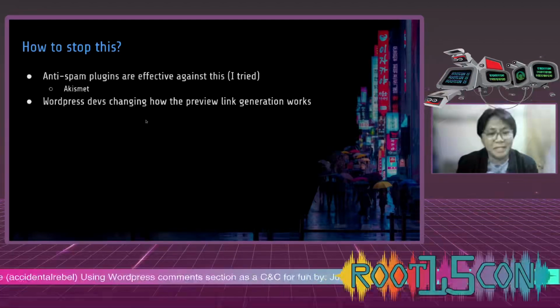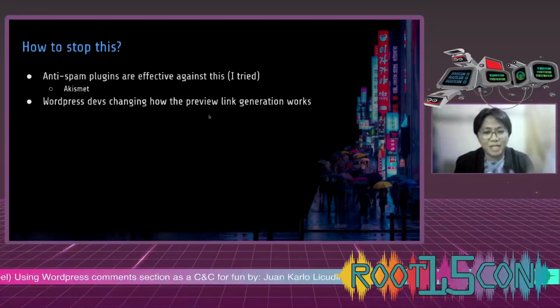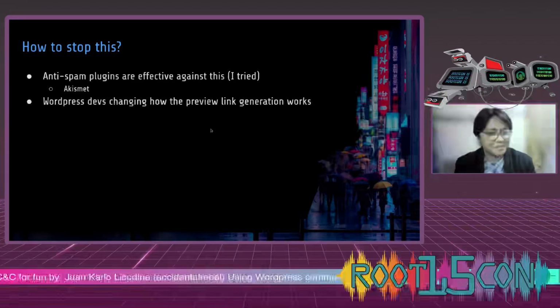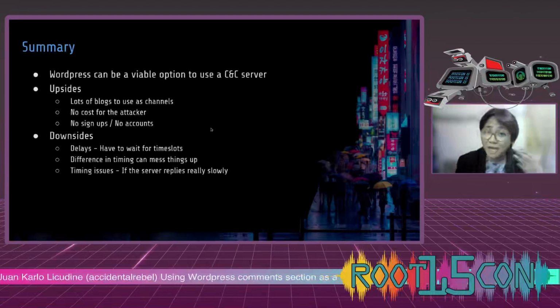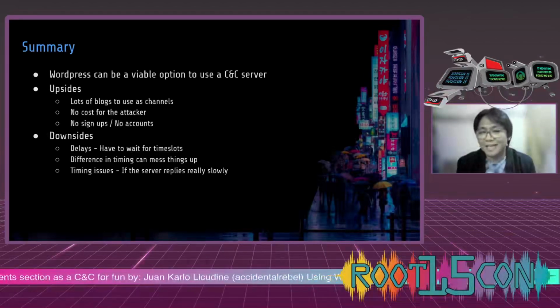They've already changed how the preview link generation works in the past. That means they might do it again. But it's okay, because the reason why I created this is that I just wanted to explore how to use WordPress as a viable option for a C2 server.